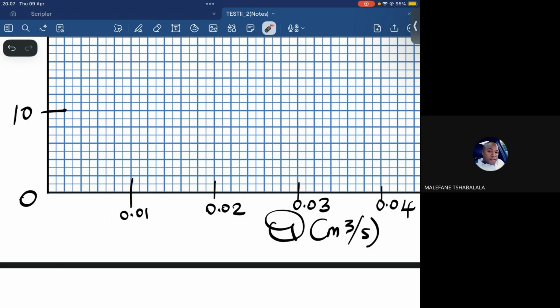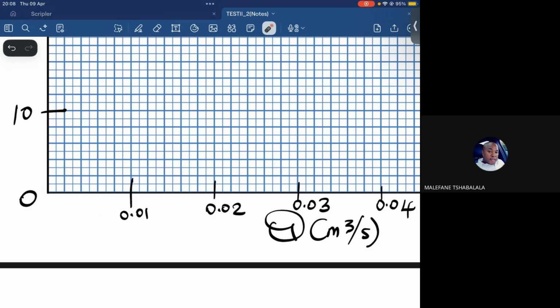Do you guys understand this? So it's 0, 0.002, 0.004, 0.006, 0.008, then 0.01. Are we together?